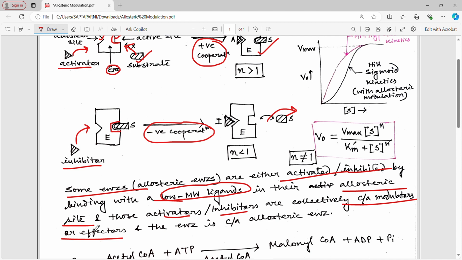Those enzymes with allosteric binding sites are known as allosteric enzymes, and the activators and inhibitors are collectively called modulators, regulators or effectors.